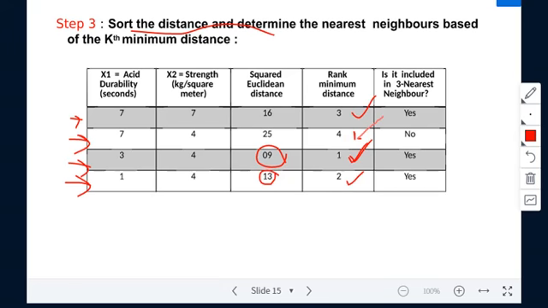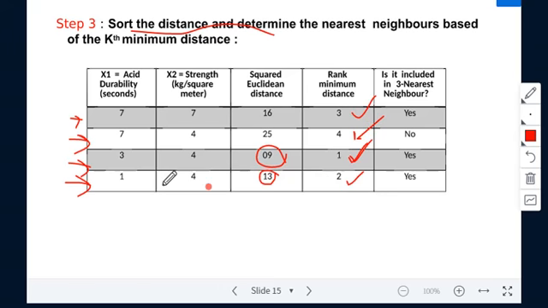Then what is the k value we have taken? The k value we have taken is 3. So we have to take only the first 3 ranks.